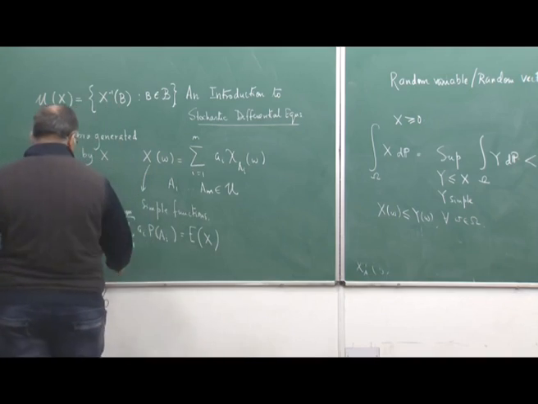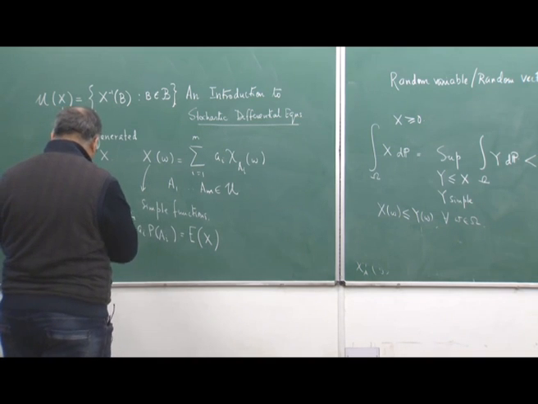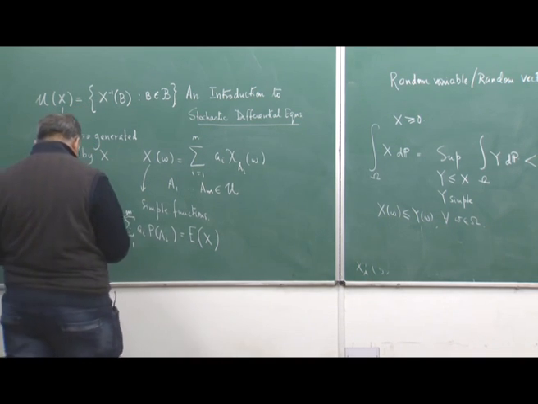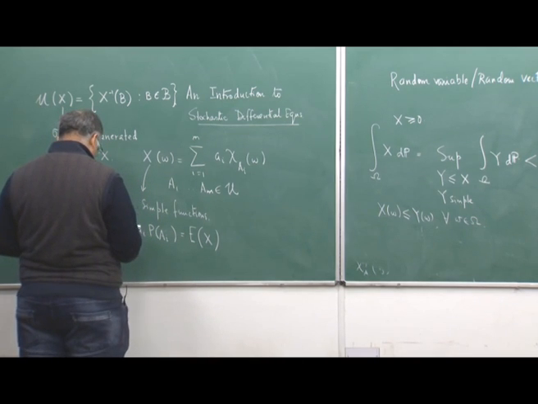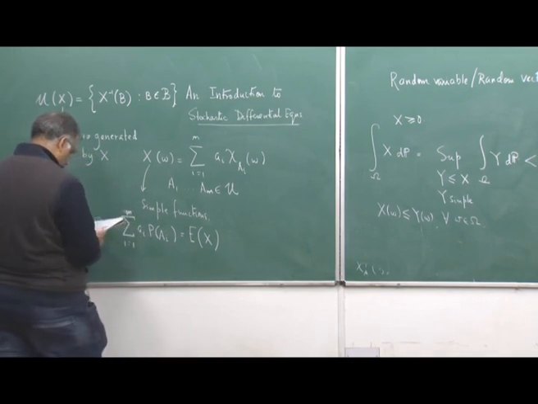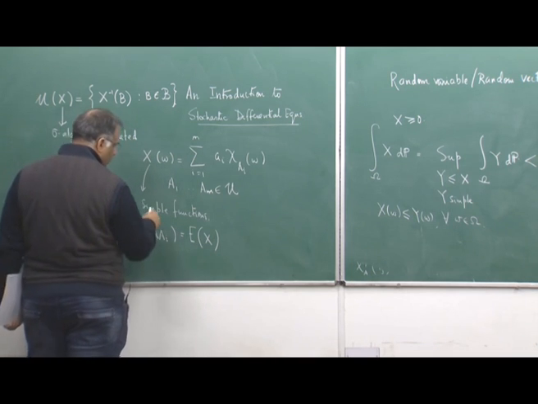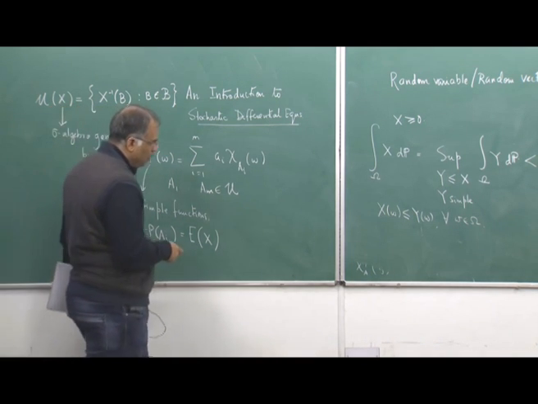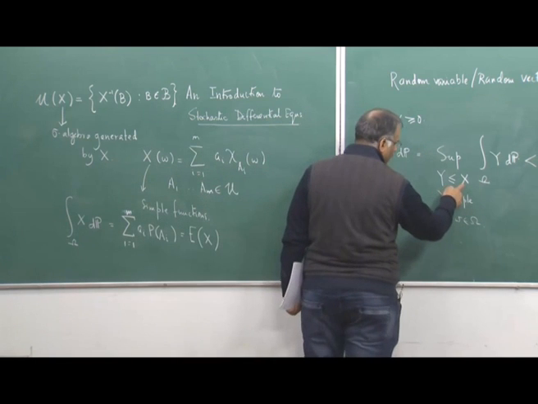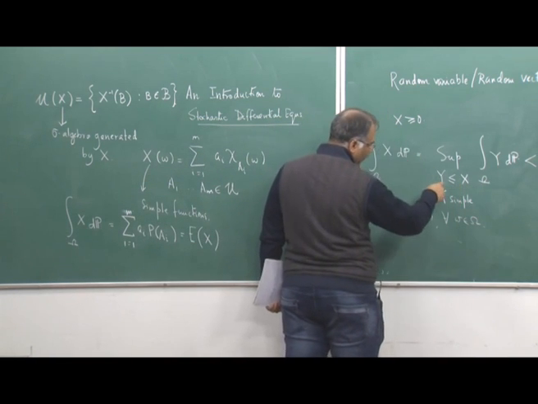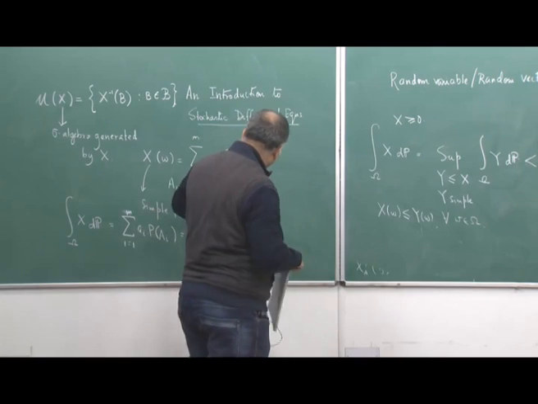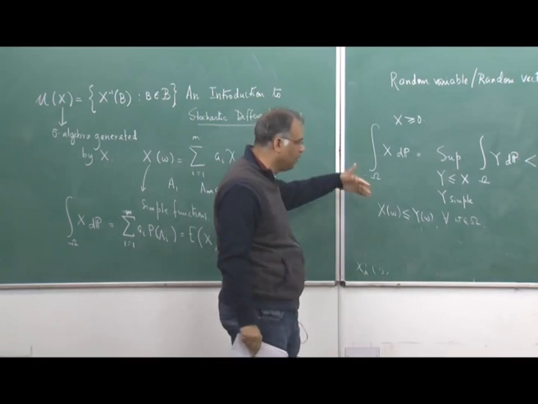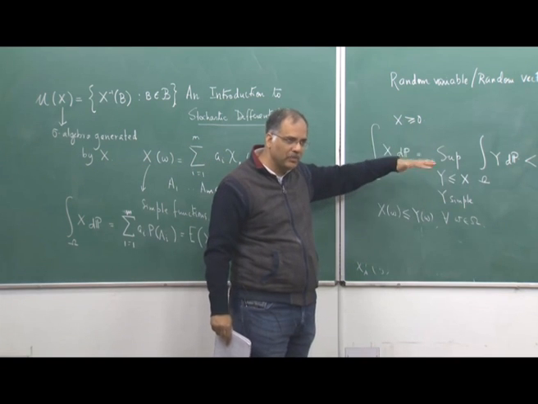Here I just want to mention that the a_i's that I have taken, so these are simple functions. If I am talking about non-negative random variables, some of the y's can be with the situation where all the a_i's are non-negative, some can be with some non-negative, some negative.